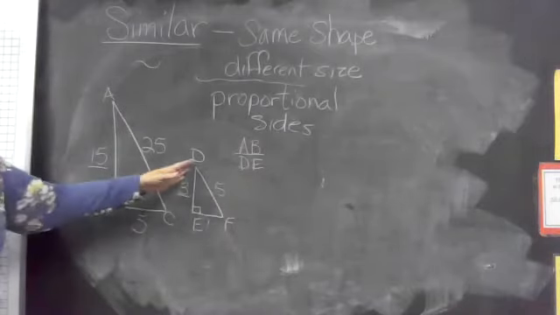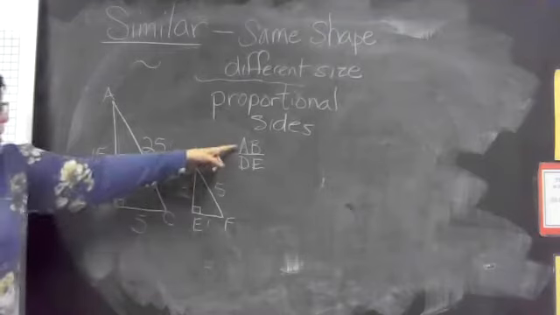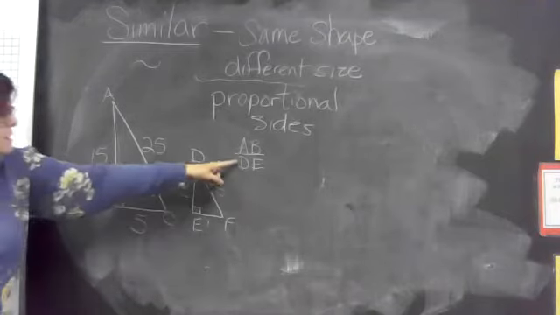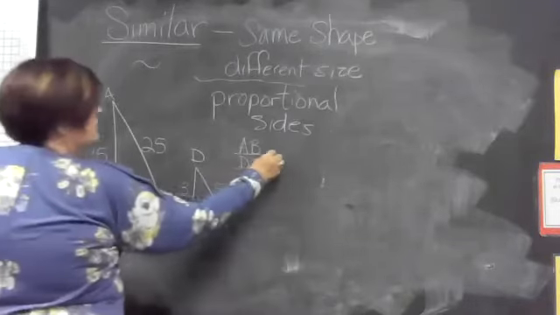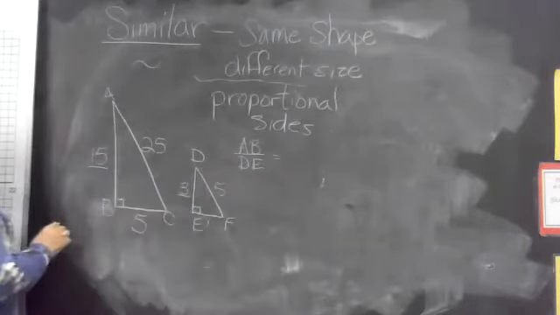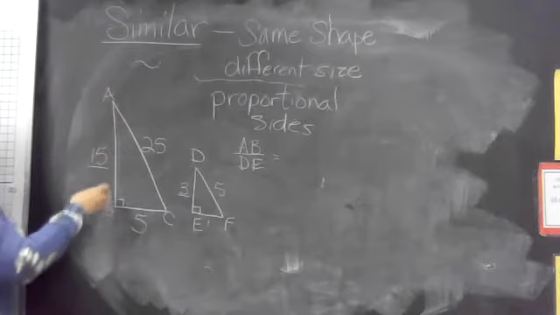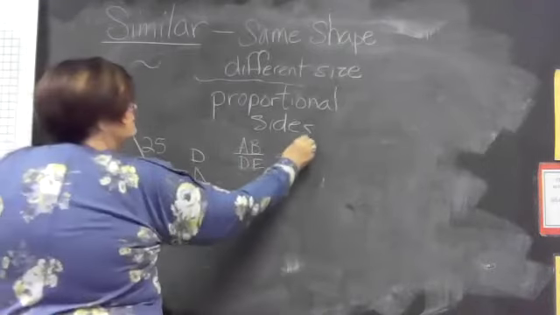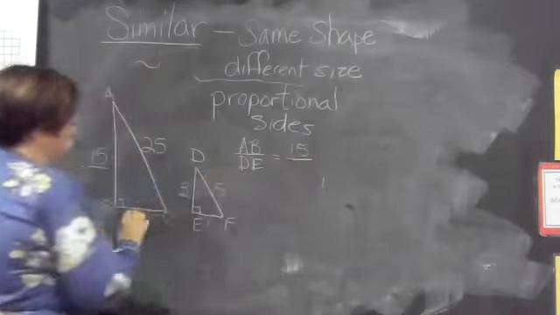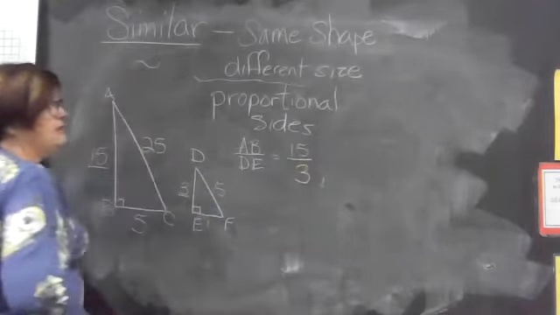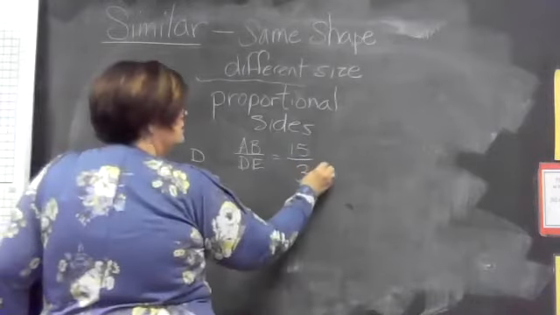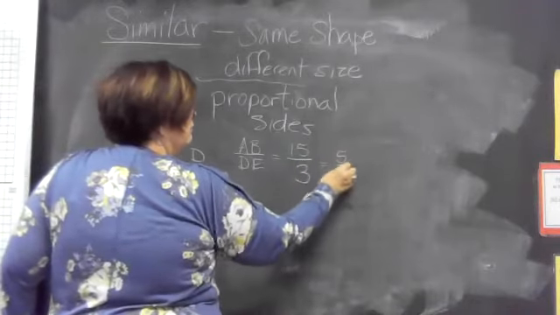So the fraction is 15, because that's the length of AB, over 3. If I simplify this fraction, it comes out 5 over 1, right?